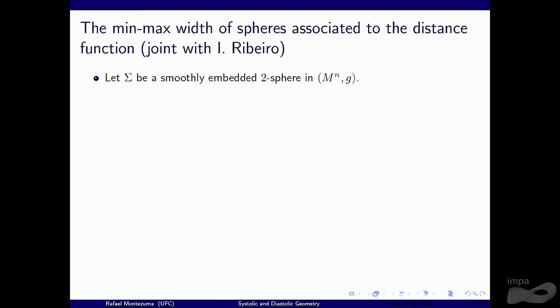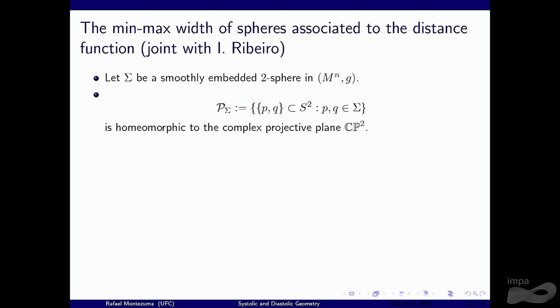So you know there are closed ones, but you can ask yourself, if you do the min-max for the distance function and for pairs of points in the sphere, it's possible that you get this closed geodesic with two halves which are minimizing, but what else can happen? This is one of the motivations in this work.